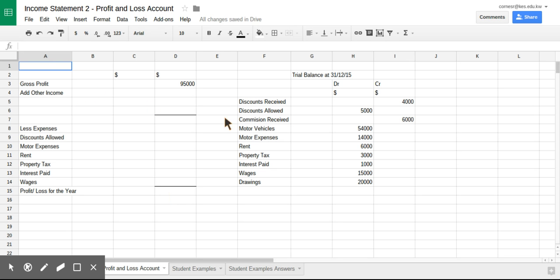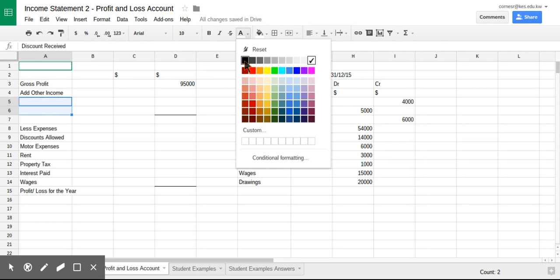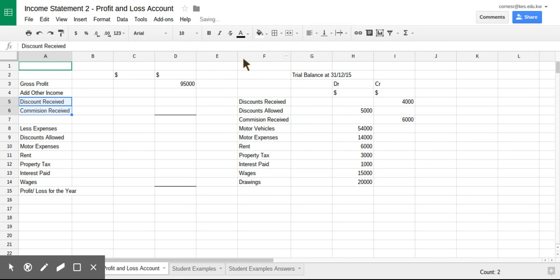So the other incomes for this business: we've got a discount received, so that needs to go in. And the other income for this business is our commission received. That's where he's selling something for another business, for example, and if we're doing that, then that's money that appears in the account.